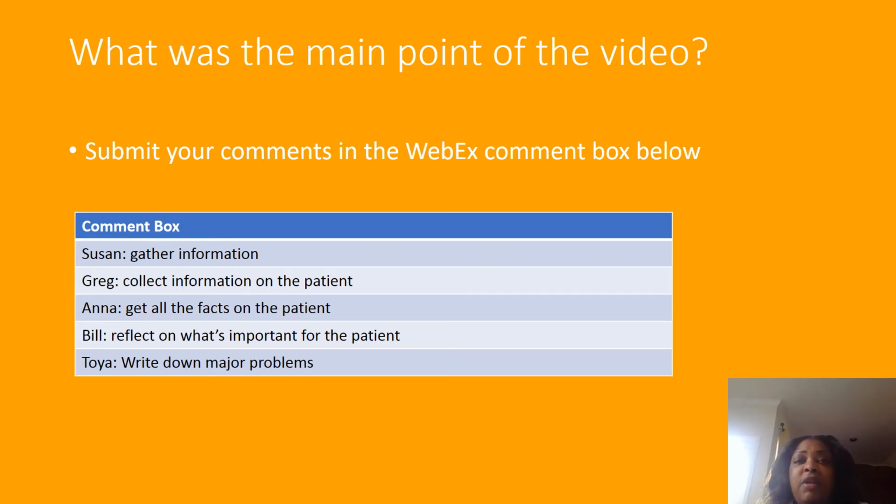What does gathering information look like? You want to review the chart. You want to take a good report on the patient. You want to do a full assessment, and you want to talk with other healthcare team members about what's going on with this patient. Once you gather all the information, you want to reflect on what is important for that patient and write down any major problems.